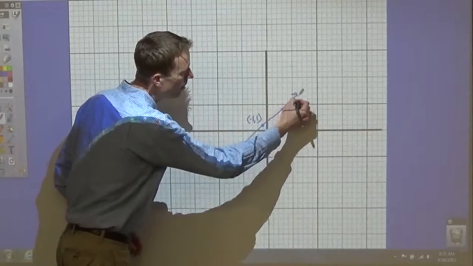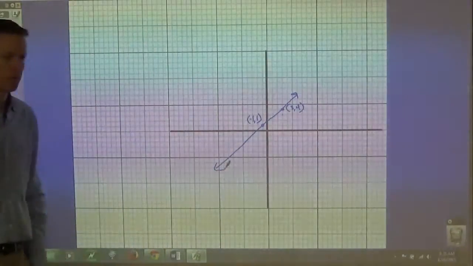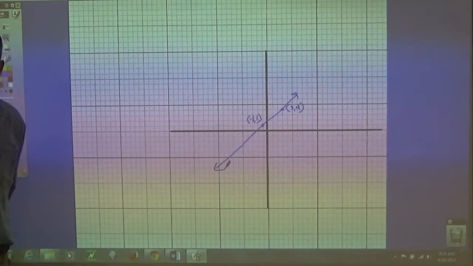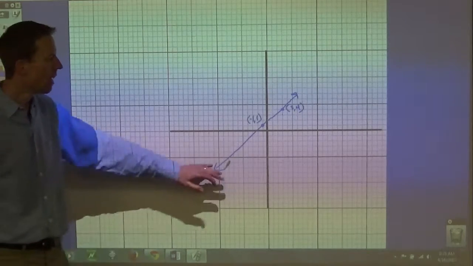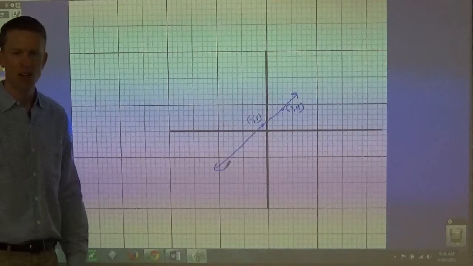And it says find the slope. How would you find the slope? If we're given a line like this, how can you find the slope?